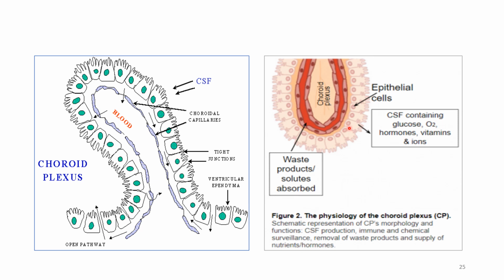And what is the function, the physiology, of the choroid plexus? It produces CSF, which contains glucose, oxygen, hormones, vitamins and ions. And here waste products and solutes are absorbed. So they release these products and absorb the waste products, so removal of the waste products.